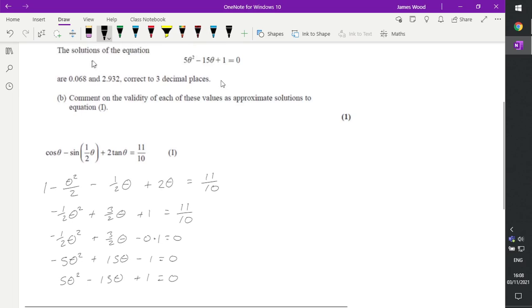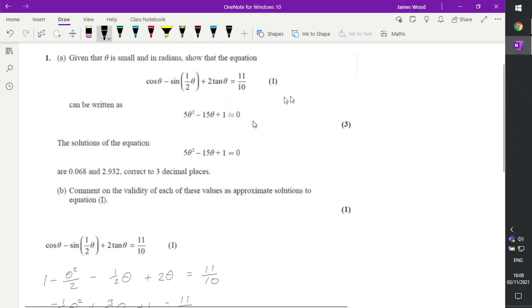Now it says the solutions of the equation that we just found are 0.068 and 2.932, correct to 3 decimal places. Comment on the validity of each of these values as approximate solutions to the first equation. Well, if we're trying to solve this equation here, and we're using this one, this only applies when θ is small.